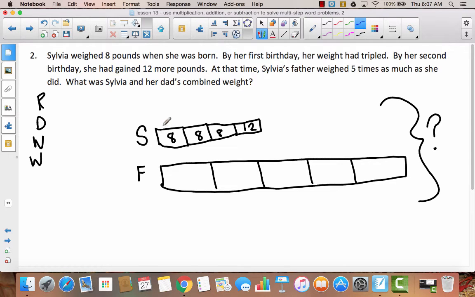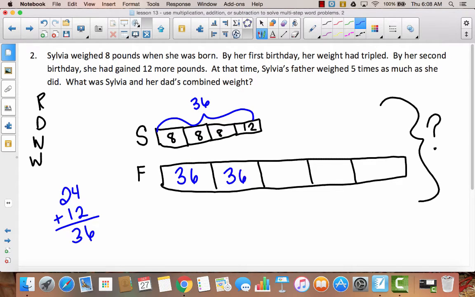All right, so we know that this is 24 because 8 times 3 is 24. So I've got 24 plus 12. So I'm just going to solve that right down here, 24 plus 12. I could probably do this in my head, but I'll go ahead and write it out. So Sylvia weighs 36 pounds. So that means that Sylvia's father weighs 5 times as much as she does.